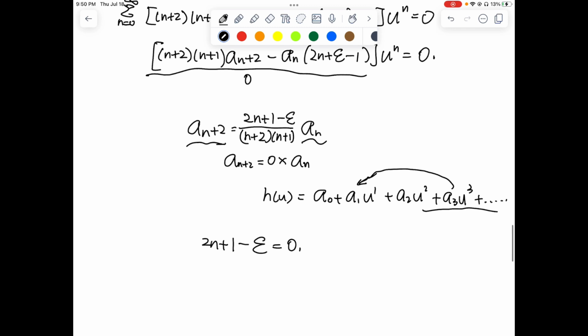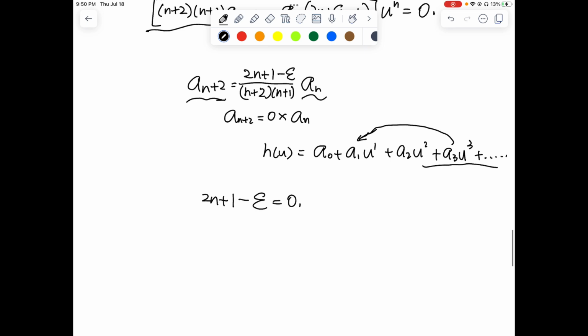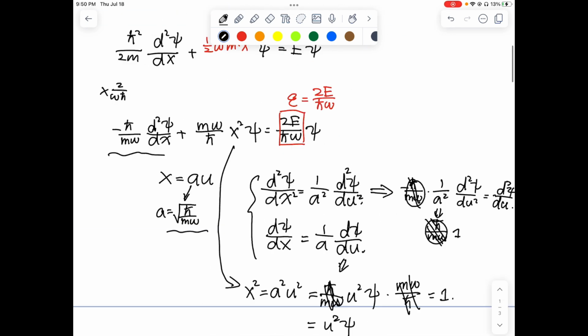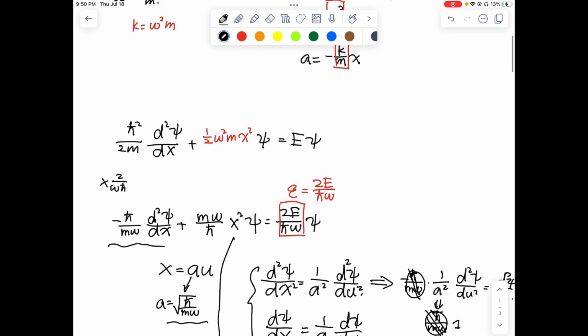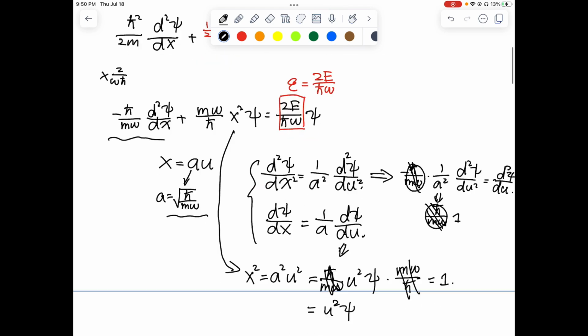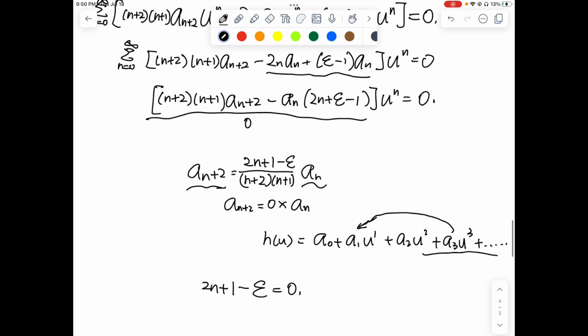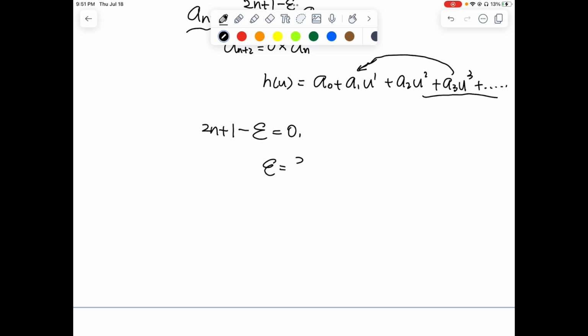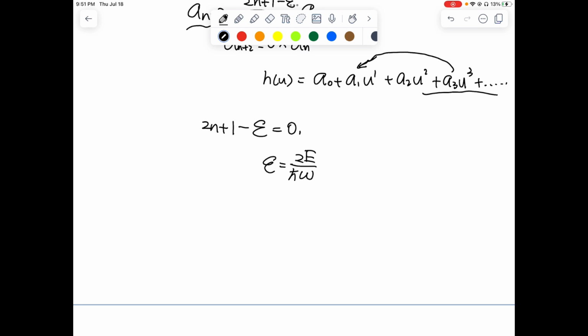And remember, a long time ago, we defined epsilon equals 2E over h bar omega. So what it really says is 2n plus 1 minus 2E over h bar omega is 0.